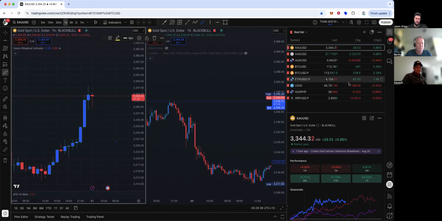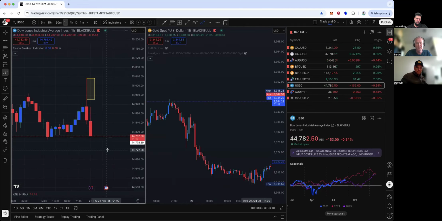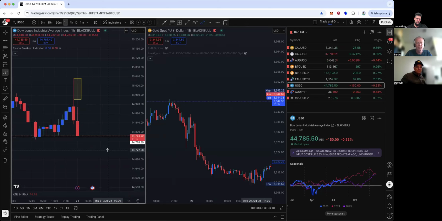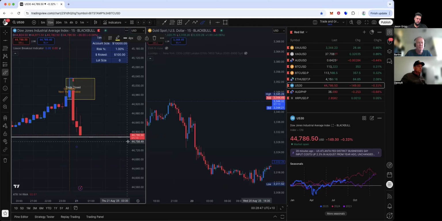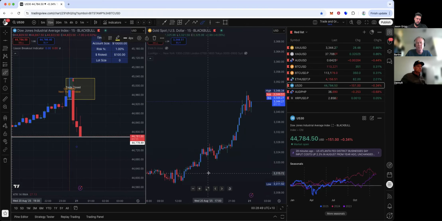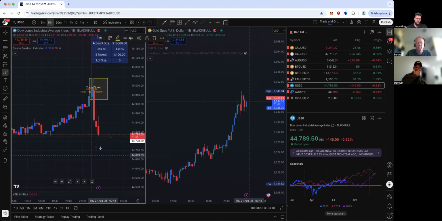So we shall see. Oh, quite a deep drop on US 30 here. Quite a significant drop, which is why gold is pushing up. But if we hold and we reject, we shall see.